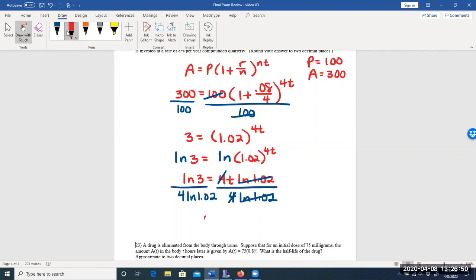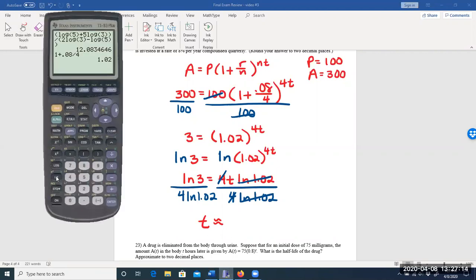So t equals, we're supposed to round to 2 decimal places, it says. So t is approximately equal to, since we're rounding to 2 decimal places.